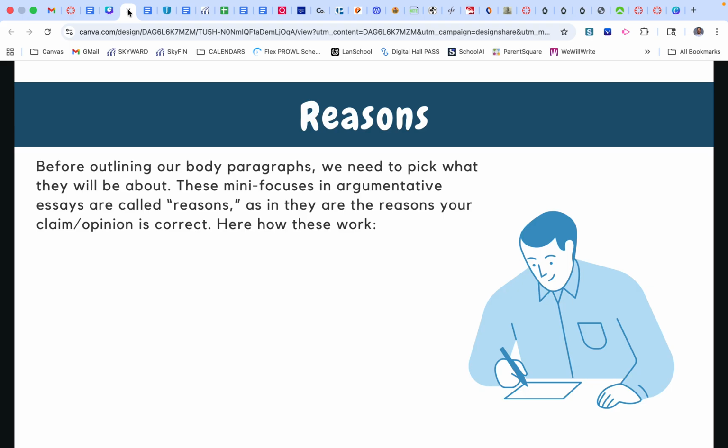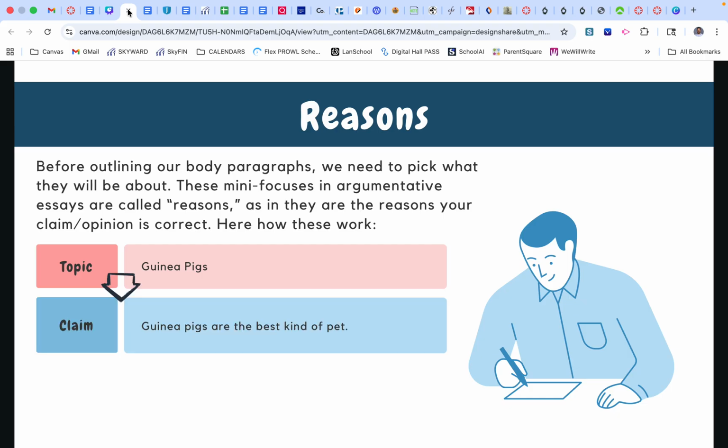Let's go back to the example we used the other day with Miss Chamberlain's guinea pigs essay and ABC book. We talked about how her topic was guinea pigs. Her claim was guinea pigs are the best kind of pet. So now what you need to do is think about, okay, what are reasons that I can state for this claim?